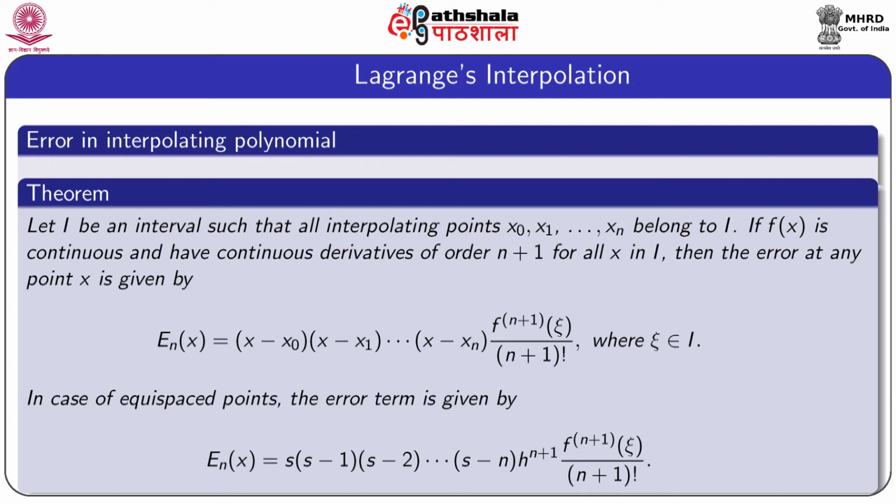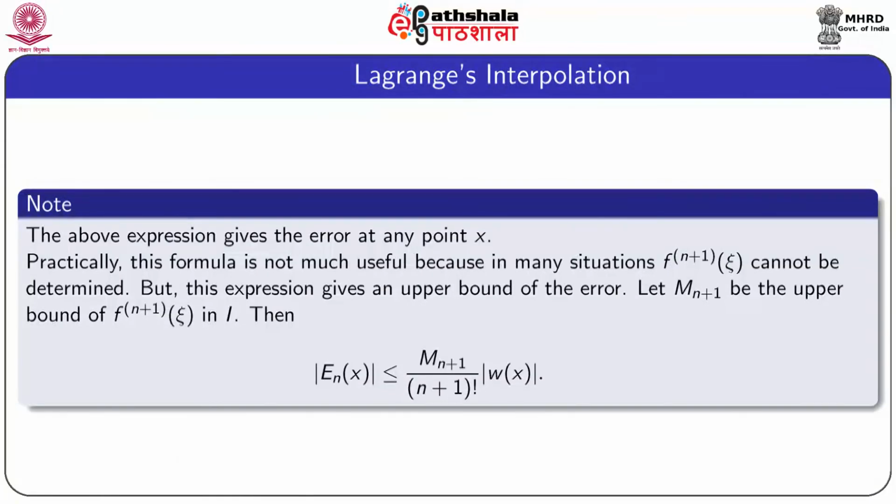So, this is the error for any interpolating polynomial, not only the Lagrange interpolating polynomial. This expression is valid for any kind of interpolating method, but it has no direct computational meaning, because the derivative of f of order n plus 1 is not available, since the function f(x) is not available explicitly.